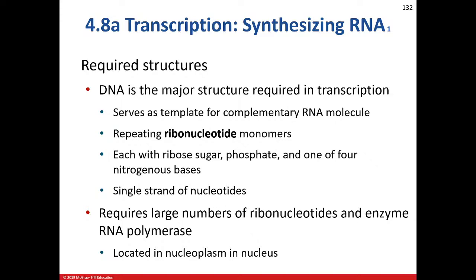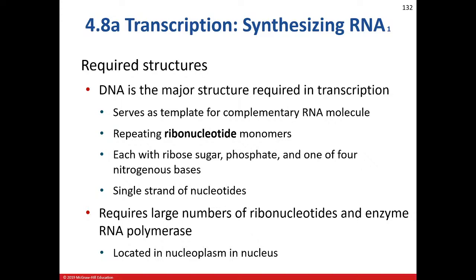So they're made up of repeating ribonucleotide monomers, or in other words, those ribonucleotide building blocks, RNA nucleotides. And each of the RNA nucleotides we said before has a ribose sugar, a phosphate, and then one of 4 nitrogenous bases. And those 4 bases in RNA are AUGC.